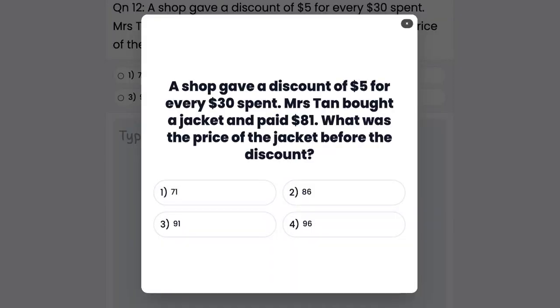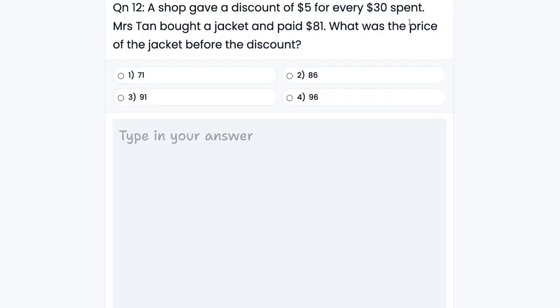Question number 12. A shop gave a discount of $5 for every $30 spent. Mrs. Tan bought a jacket and paid $81. What was the price of the jacket before the discount? Okay, so with this, for every $30 spent, we have $5 discount.